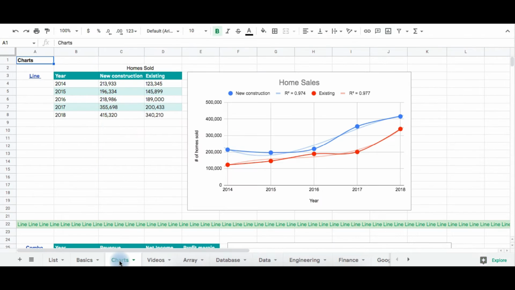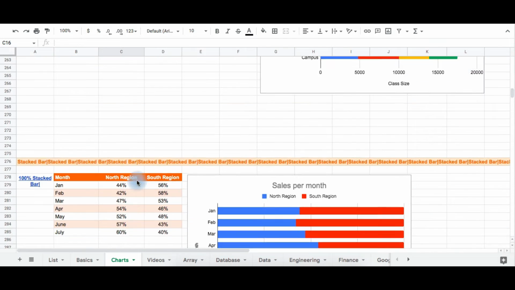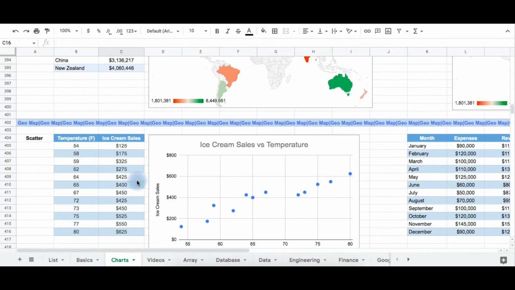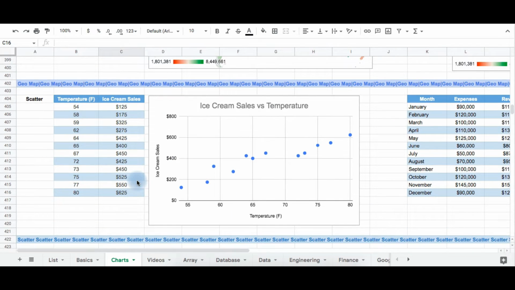So we go to charts, we go all the way down to the scatter chart, and here we are. So this is a scatter chart, this is the temperature, and this is the ice cream sales.